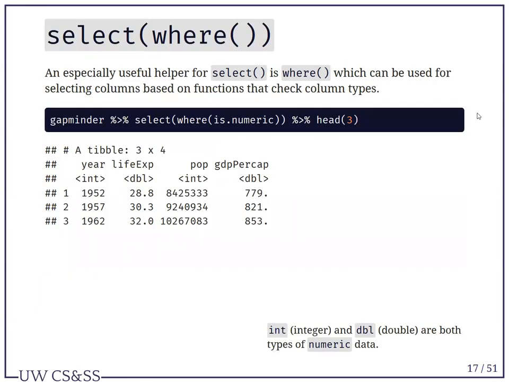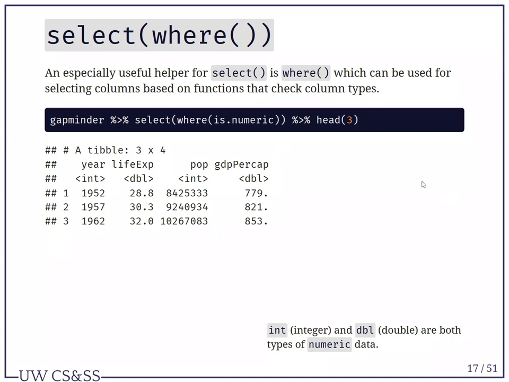Another helper function that I use a ton, I can't plug this helper function enough, is where. It can be used for selecting columns based on functions that check column types. So we could say, take the gapminder data and then select where is.numeric, and then give me the first 3 rows of that.